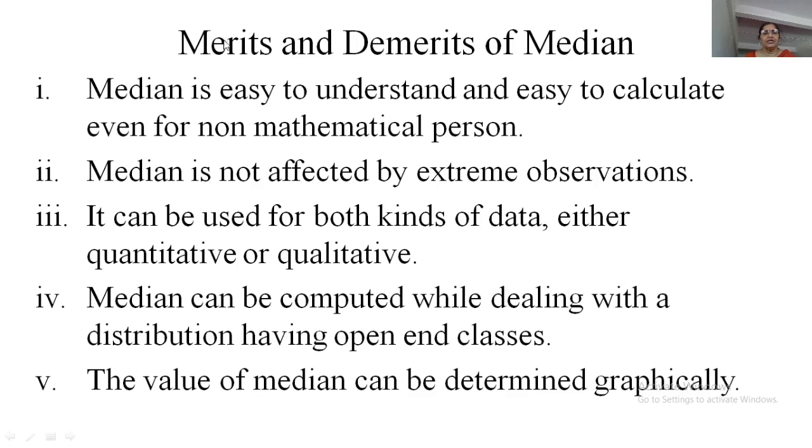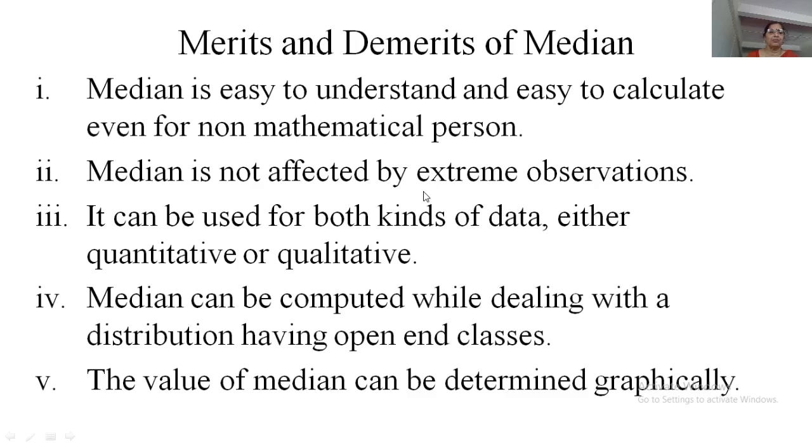Let us discuss some merits and demerits of median. The definition of median is very easy to understand and also easy to calculate, even for a non-mathematical person. And median is absolutely not affected by extreme observations, because in order to compute median, we just consider the center of the data set.